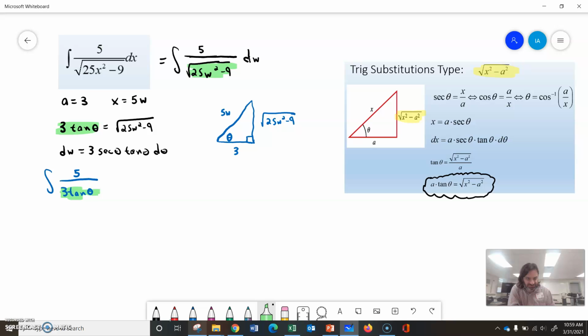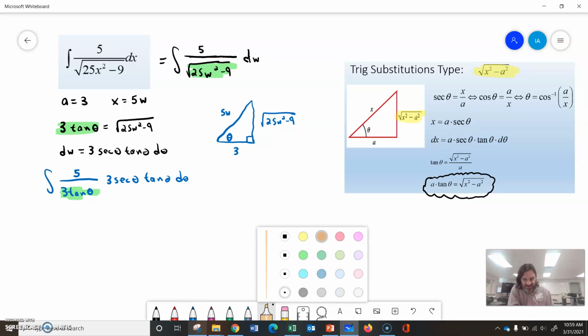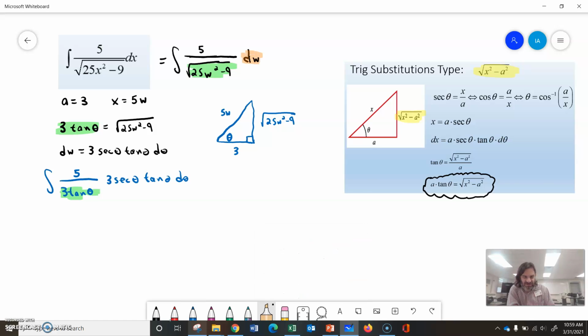And that'll be times dw, which will be 3 secant tangent d theta. Okay, so let's use a different color to make sure we see it. Orange. So we're replacing dw with this equivalent statement. Okay, so now we've got our integration completely in terms of theta and trig functions.